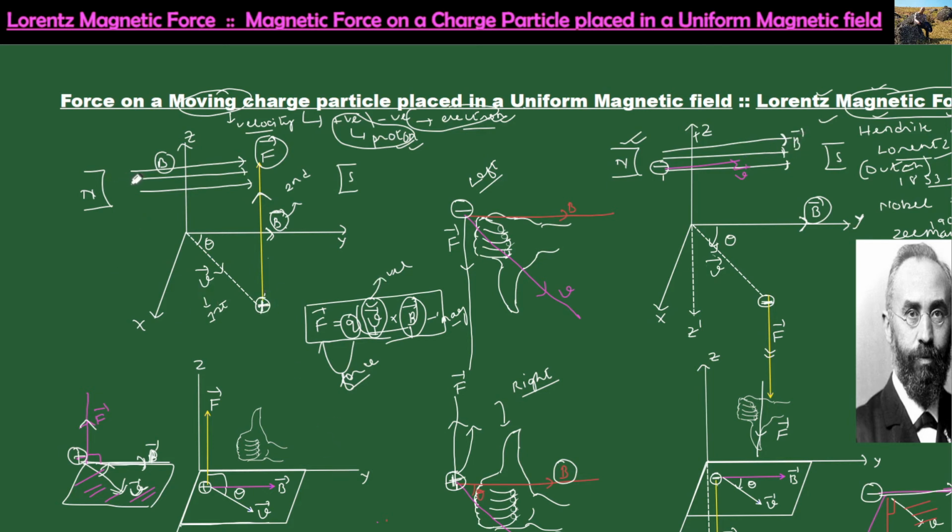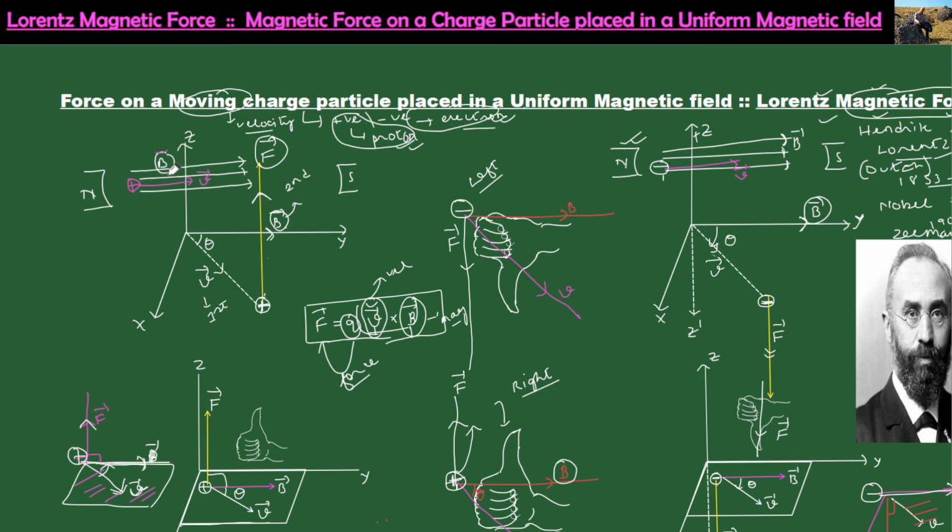Over here also, if I have a positive charge particle, and this is the direction of our magnetic field, then if it moves in the same direction, that means the velocity of the charge particle is in the same direction. So we have to determine whether this charge particle will experience force or not.